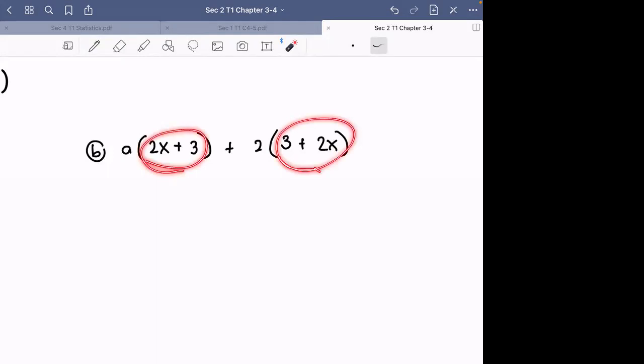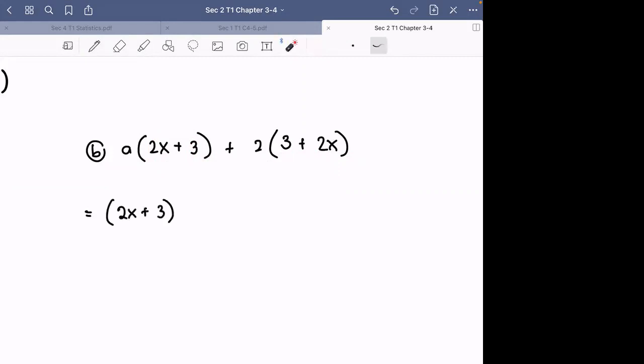Because what happened here? We just rearranged this. But it's up to you. It's fine if you don't rearrange. So basically, what's the common factor between these two terms? It's 2x plus 3, right? So that means 2x plus 3 is your common factor.